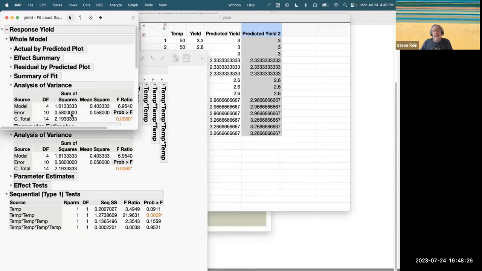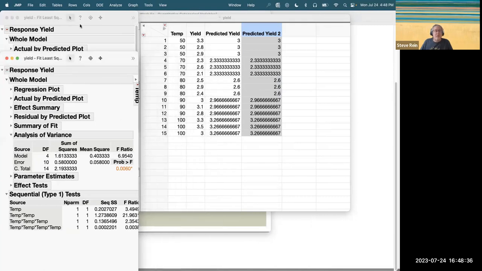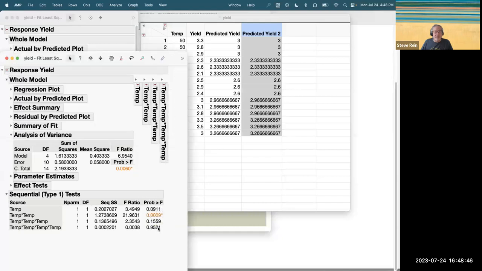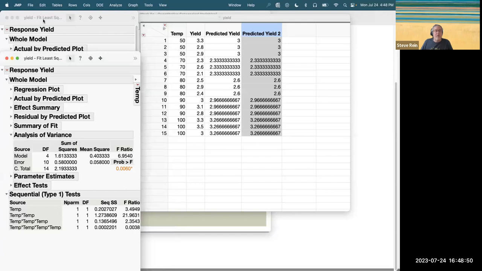Okay, so my categorical fit, my fourth order polynomial, with temperature squared, temperature cubed, temperature to the fourth power, same analyses. But I don't know that I really need this last term, temperature to the power 4. I don't know that I need it.